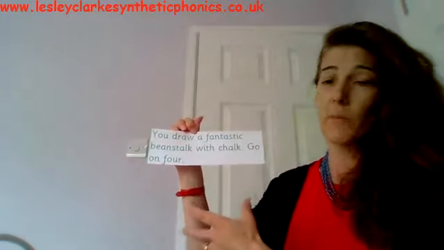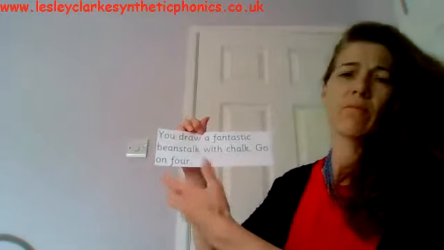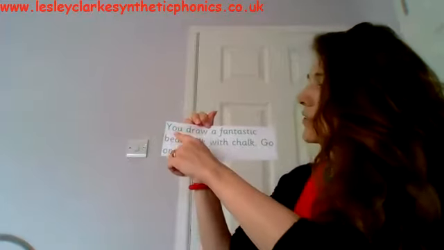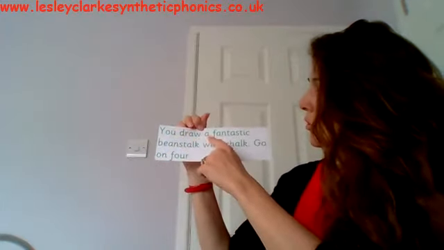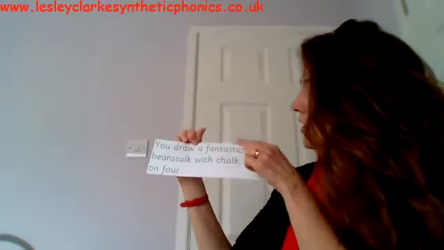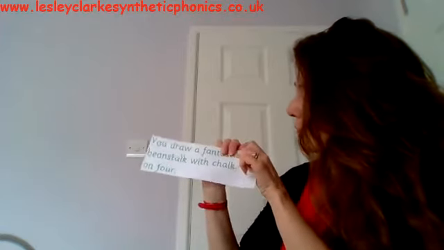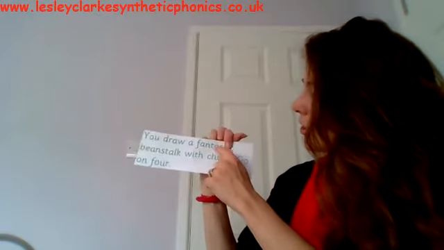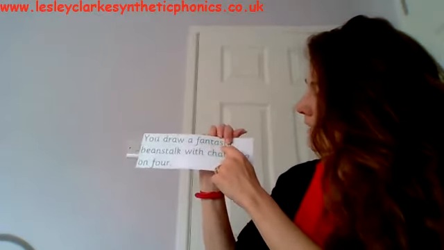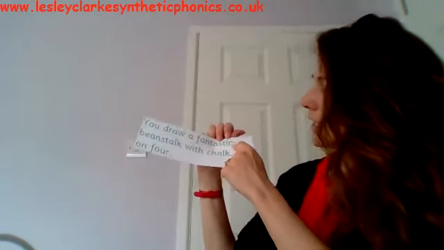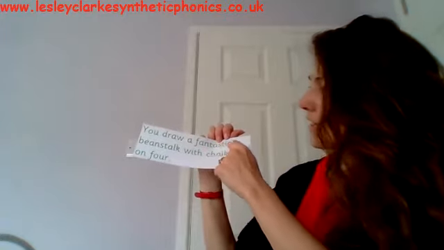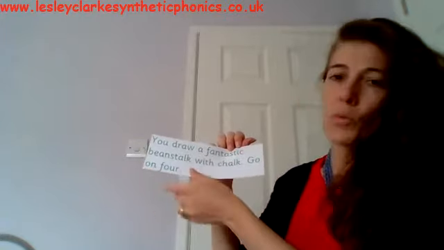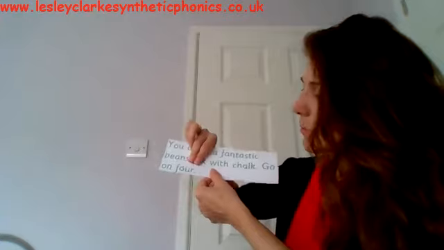So as a class, we read the caption or the instruction, whatever it is. So you draw a... now we might want, it's a long word, what do we need to do? We might need to split this one up. Fan, tas, tick, fantastic. This is a long one, what do we need to do? Let's split it up.